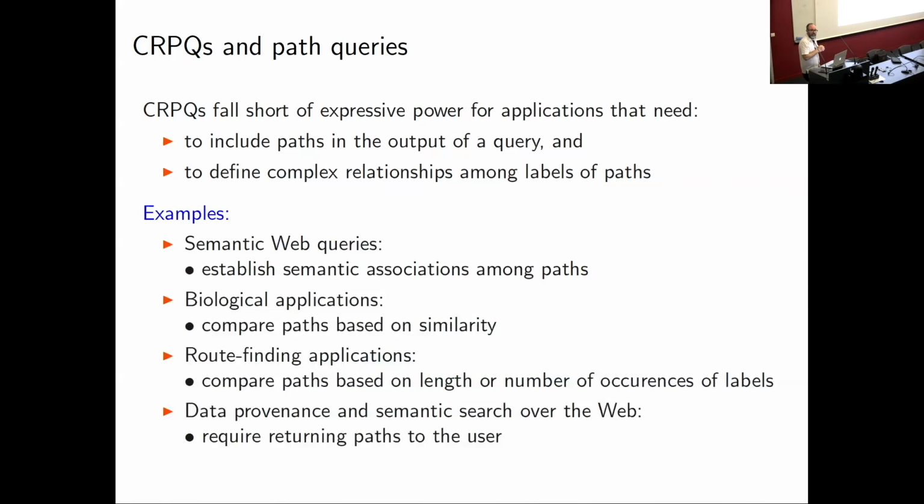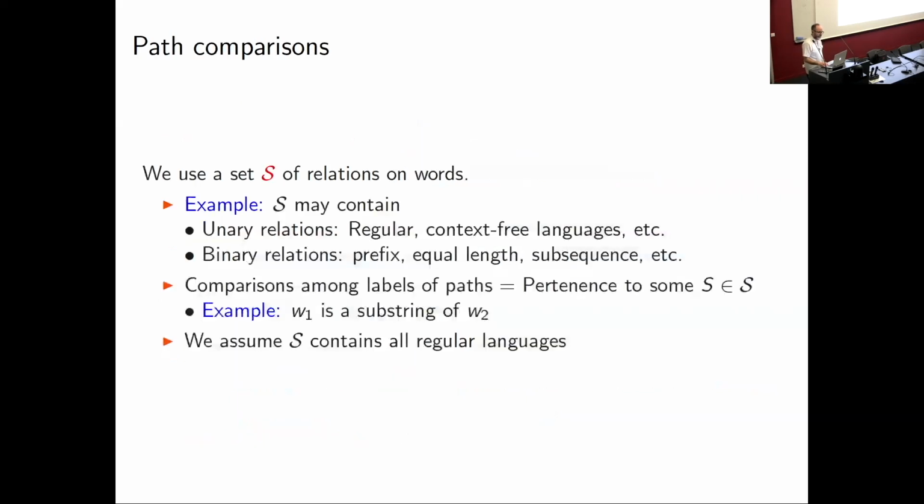In biological applications, you would like to compare paths based on similarity. In route finding applications, you would like to compare paths based on length or number of occurrences of labels. And in data provenance and semantic search over the web, you may want to return paths to the user. These are all capabilities that are not present in the languages that we have seen so far.